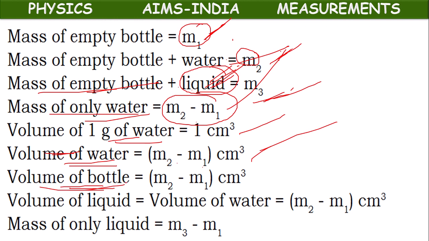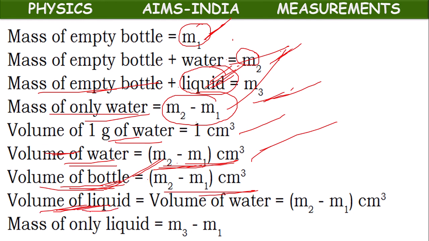Volume of bottle means we need only the volume of water, because the bottle is completely filled with water. So how much water volume is there? That much will be the volume of bottle.